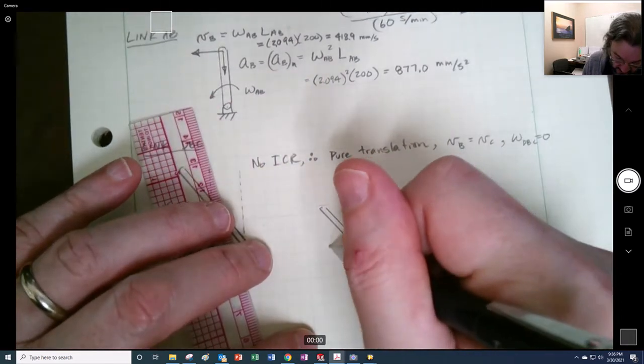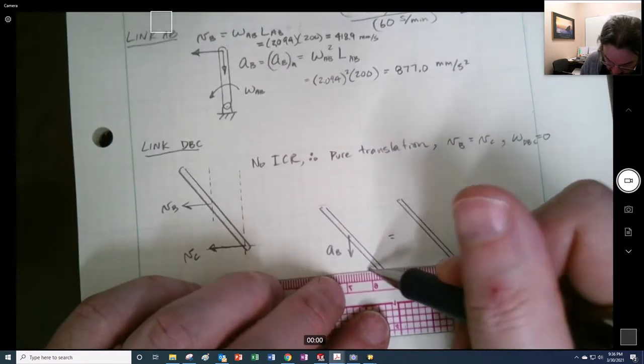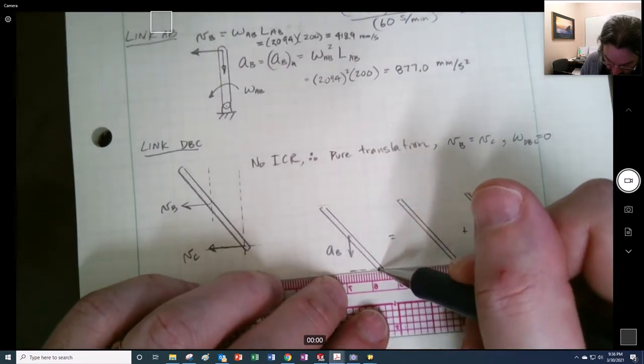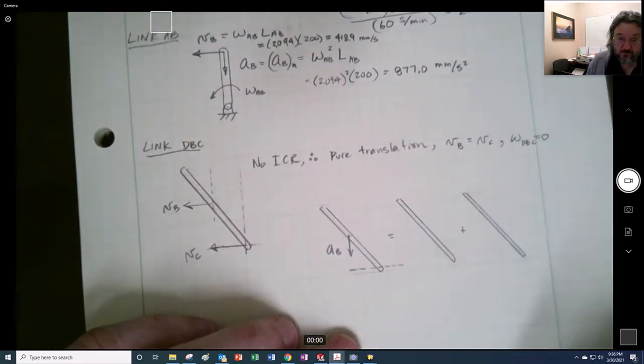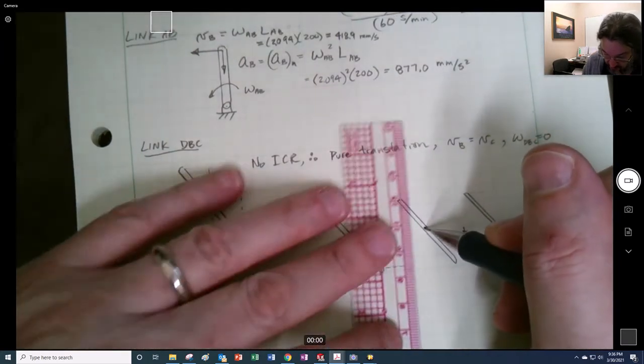That's our acceleration of B. Here's one that we don't know, but we do know its direction. So we're going to put it into both of them.